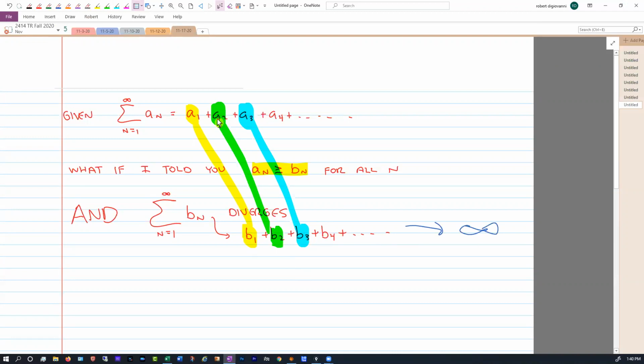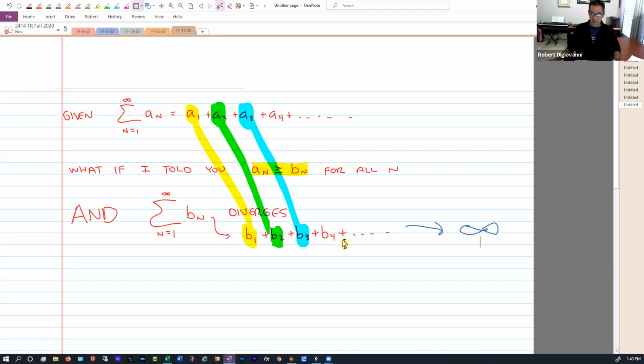That it is convergent? Divergent? That it diverges as well, to infinity. So all of these numbers right here added up become something infinite, right? And each of these numbers is bigger than each of these numbers. So this must also add up to be something infinite, right? Yes.